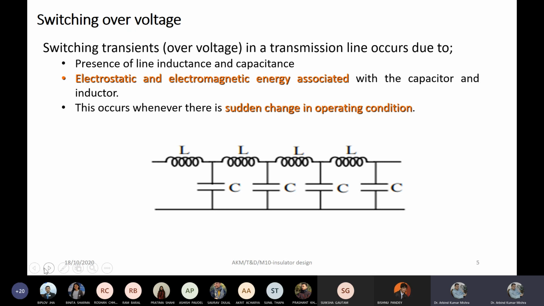The basic reason why the transient occurs is that the inductance does not allow the change in current di by dt instantaneously, and the capacitor does not allow the change in the voltage across it. So what will happen is that once you put a source over it, the source will try to flow the current, but it will take some time for the current across the inductor to change, and once it changes, it will come here, and then again the capacitor will take certain time to charge, and then again.